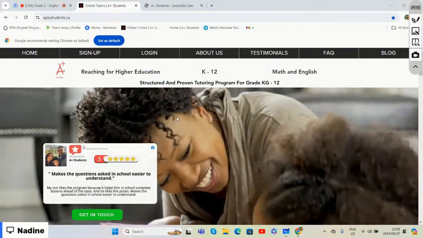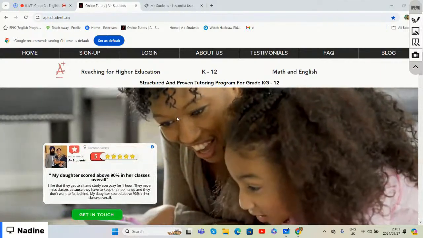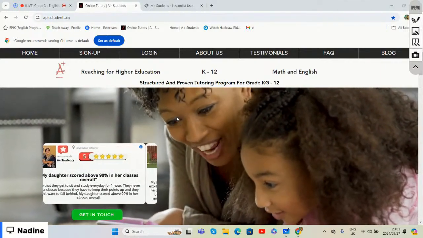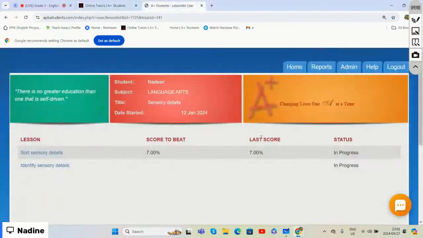We're doing grade 3. And then we're going to scroll down until we get to our chapter of sensory details.